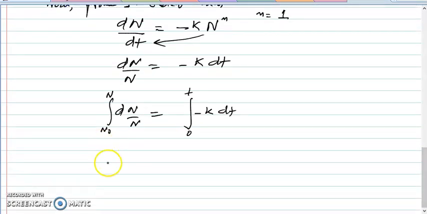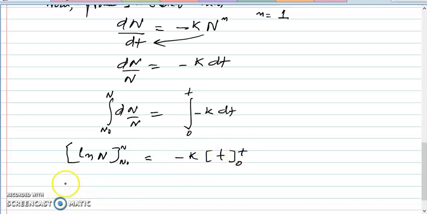Now let's integrate this. This will become ln N from N naught to N, equivalent to minus k t from 0 to t, and this will turn into ln N minus ln N naught equals minus kt.